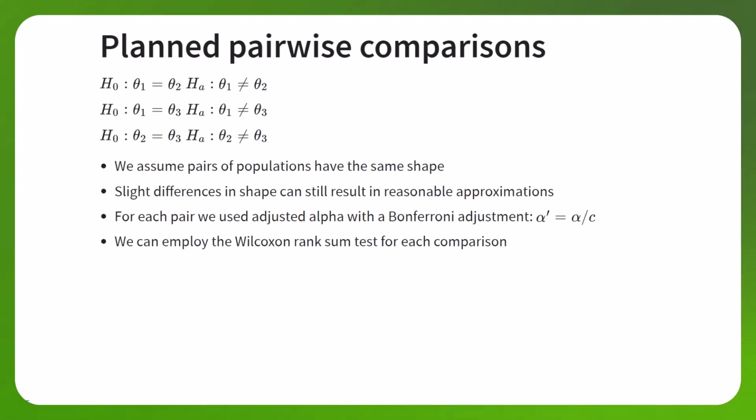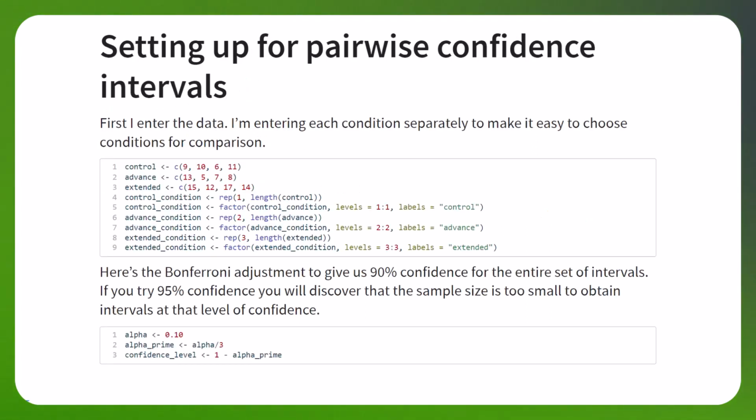We can employ the Wilcoxon rank sum test for each comparison. We learned in an earlier video about the Wilcoxon rank sum test as a test for two independent samples. Note here that we have 3 pairs, meaning that we have 3 situations in which we have 2 independent samples. So we'll employ the Wilcoxon rank sum test 3 times.